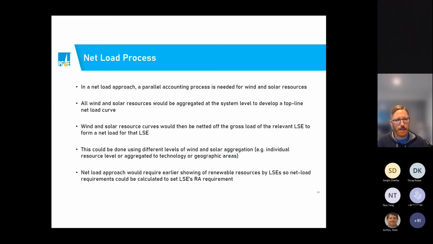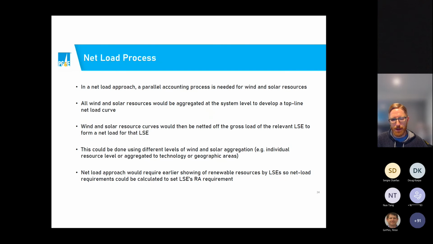And then the other important consideration that we've identified is that the net load approach would require earlier showings of the renewable resources by LSEs, so that the net load process could be done in advance of setting the LSE RA requirements.